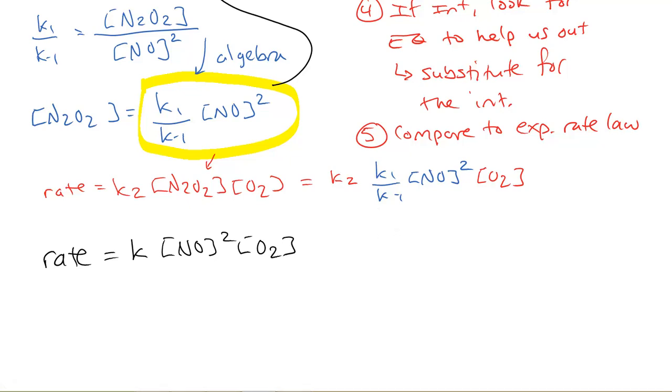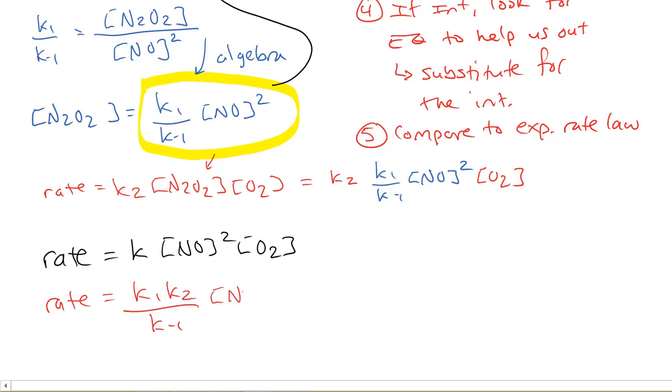And our rate law is, rate is equal to K1, K2 divided by K minus 1. Don't worry about the order in which you multiply things. Times NO squared times O2. And if you think about this, these constants right here and right here, they must be equal to each other because the rest of it is the same.